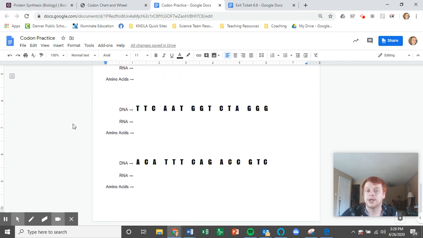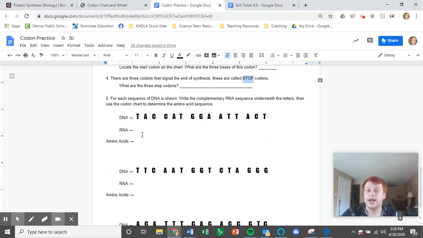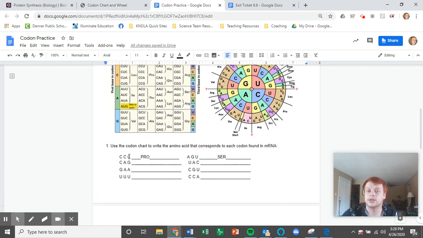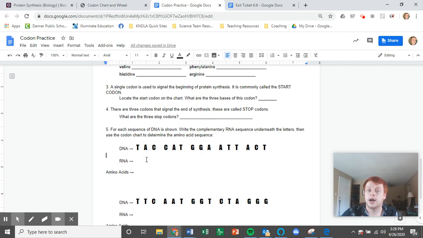Now, for this last part in your practice, we have one added step. Before, we were looking at our RNA strand in groups of codons and figuring out the amino acids produced. Now we have to take our DNA first and turn it into RNA. And if you've forgotten how to do that, you can go back to our previous examples to get help with that. So remember when we talked about transcription, we talked about how to convert DNA to RNA.